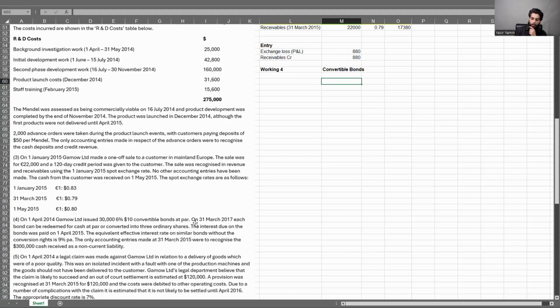Examiner says on 31st March 2017. You see, you issued the bond on 1st April 2014, and again, it's a convertible bond. 30,000 at $10 means you would have received cash of $300,000. You can also see it is there in your trial balance as well.